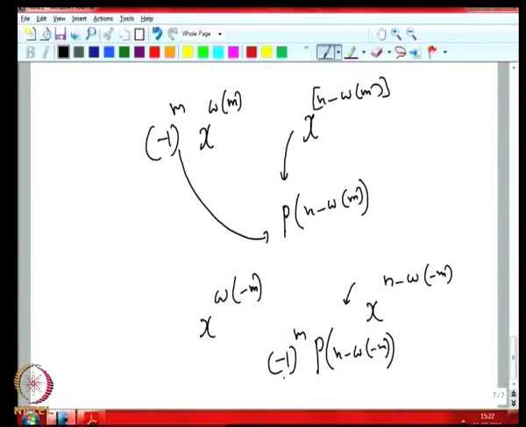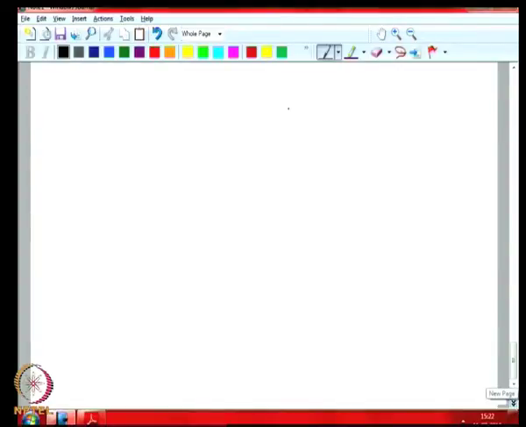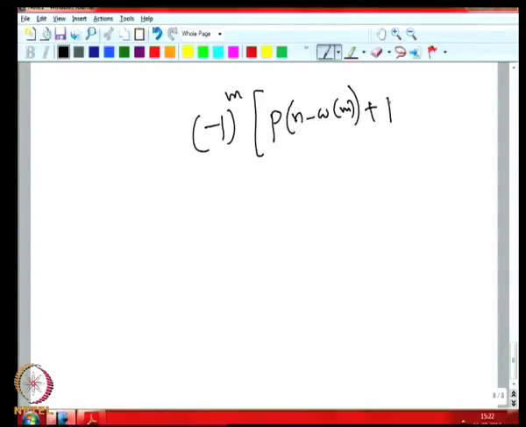So therefore for each m we will have two terms which contribute to the power of x raised to n on the other side, that is minus 1 raised to m into x raised to omega of m, plus p of n minus omega of m plus p of n minus omega of minus m.